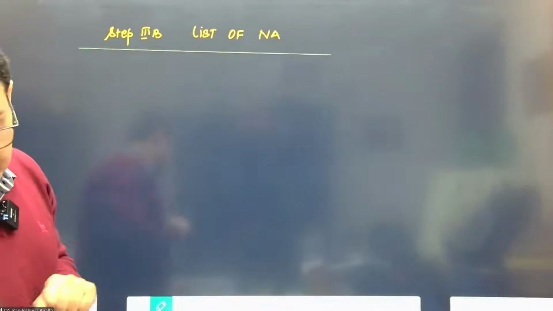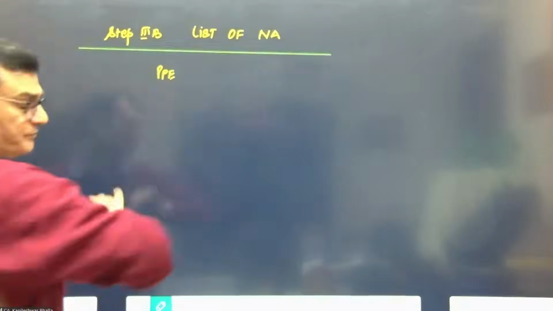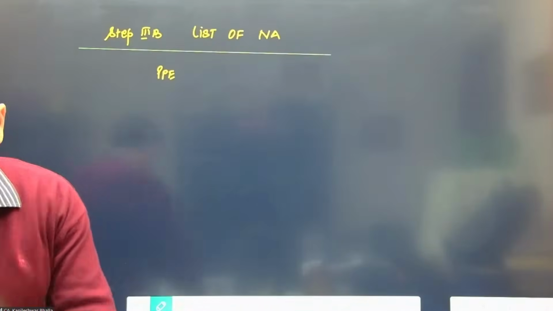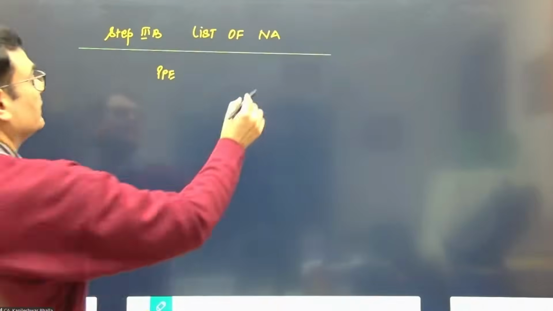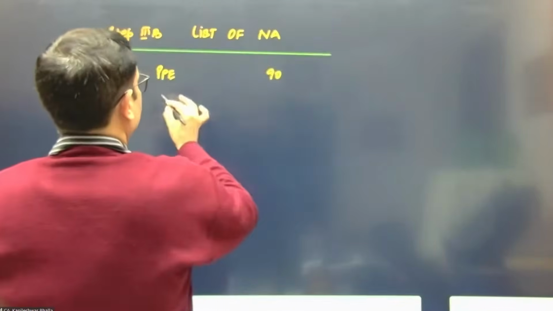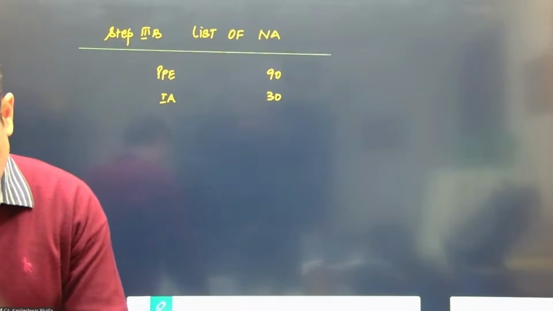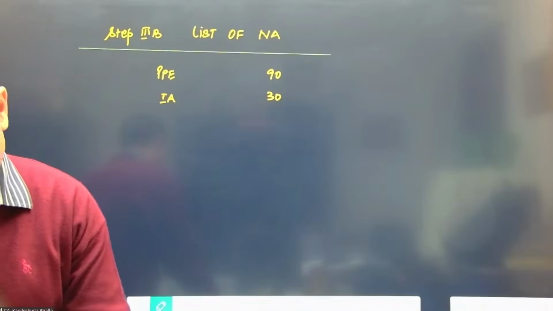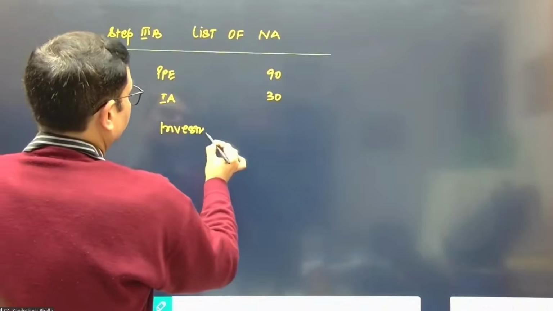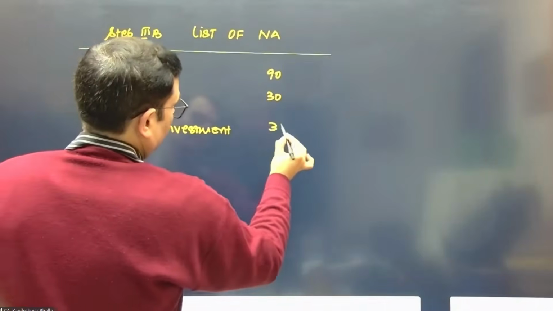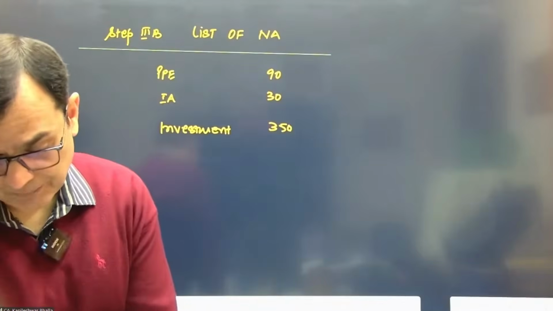So if you start with the balance sheet data, we've got PPE, an item in the balance sheet of the company. So PPE is to the extent of 90 crores. Intangible assets is 30 crores. I'm just taking the information from the question. Then investments is, I think, 350 crores. These are all items I'm picking from the asset side of the balance sheet.